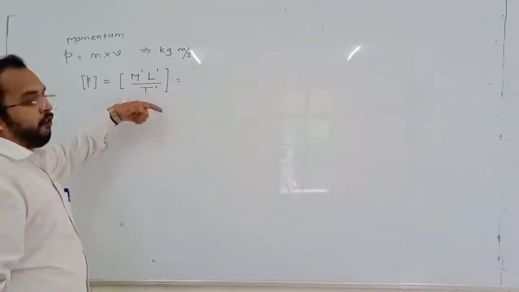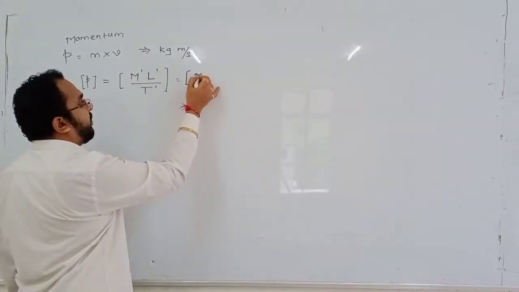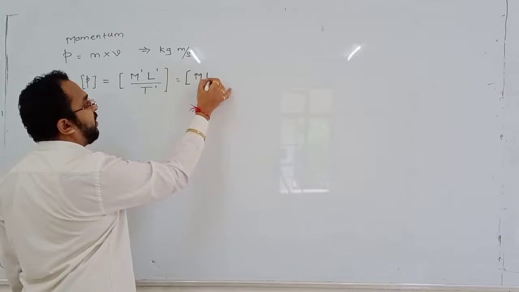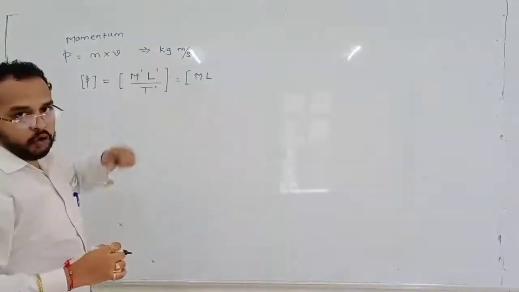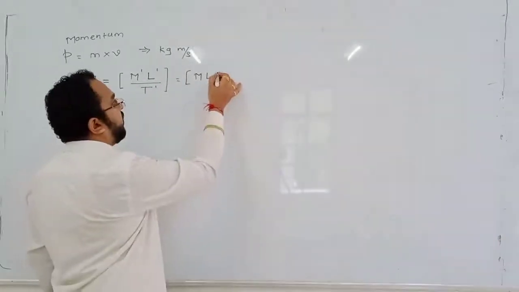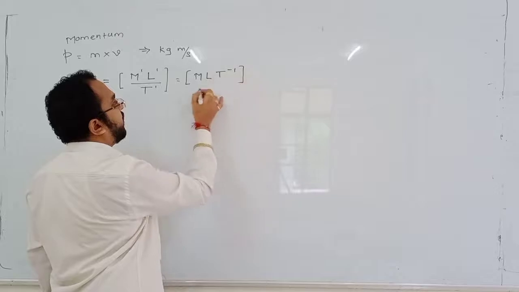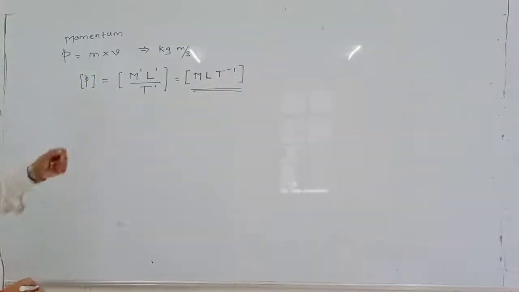Now, if you simplify this, M to the power 1 can be written as M, L to the power 1 can be written as L, and T to the power 1, when it goes to the numerator, will become power minus 1. So we can write T to the power minus 1. So these are the dimensions of momentum.